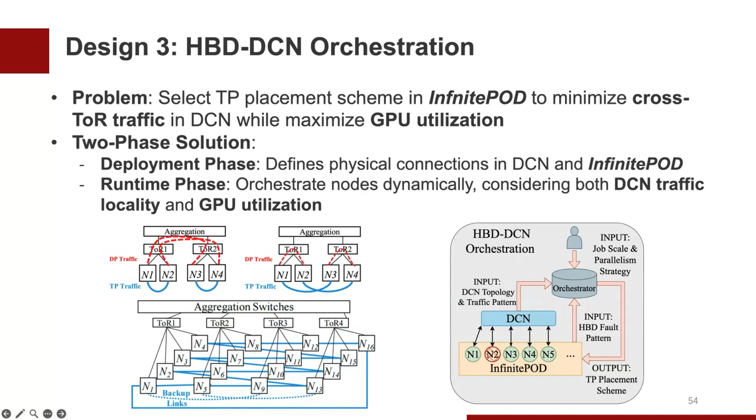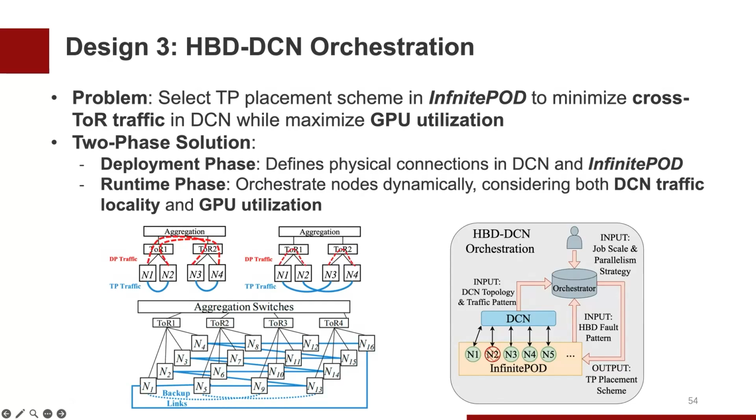The key part here is that the placement algorithm actually influences the parallel traffic in the DCN. As shown in this figure, the different placement mechanism on the left correlates to cross-ToR traffic, and the scheme on the right doesn't.